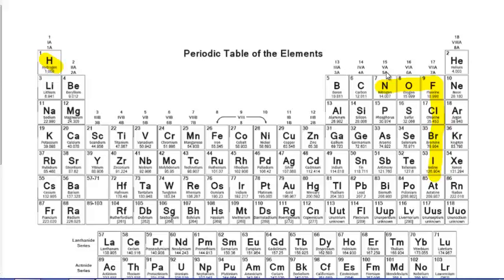Then we have 6 more. Notice that this makes the shape of a 7, starts on number 7. And if we count 1, 2, 3, 4, 5, 6, hydrogen is actually the 7th one. So again, there are 7 of them. They start on atomic number 7, and they make a 7.